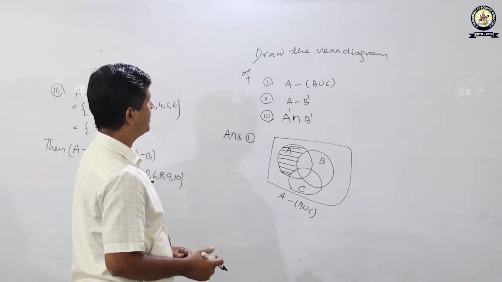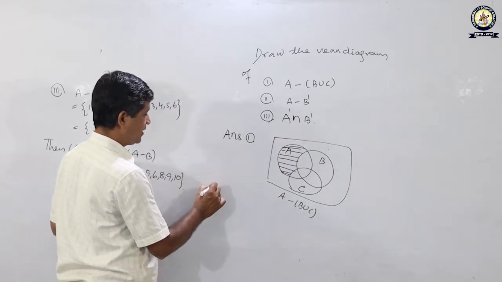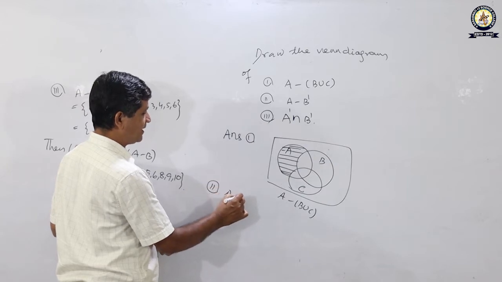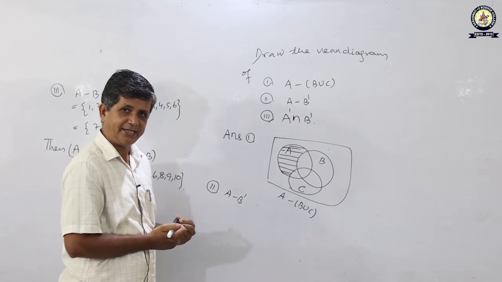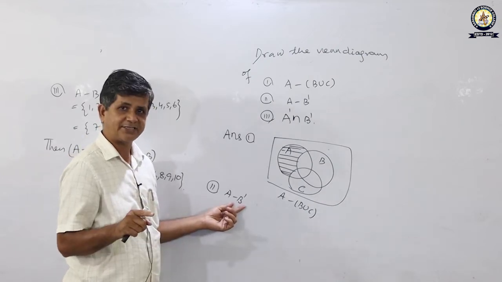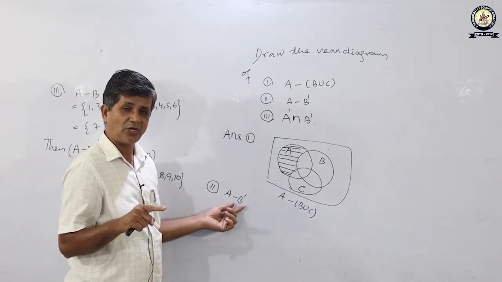Next, what about the second one? The second is A difference B dash. Remember, those are elements present in A but not in B dash.